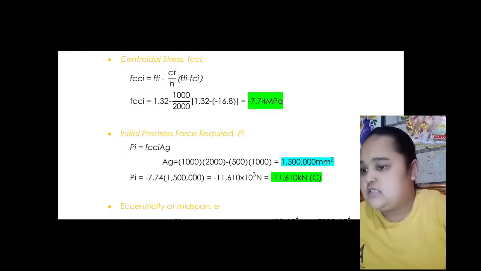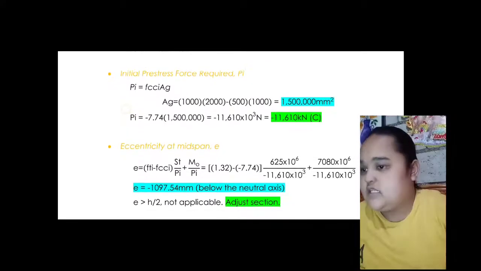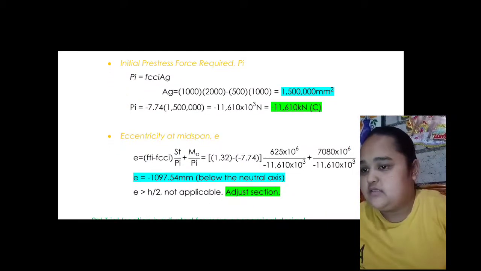The initial pre-stress force required, or PI, is negative 7.74 times 1,500,000, which is equal to negative 11,610 times 10 raised to 3 Newton, which is compression.